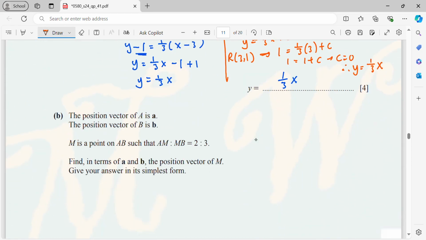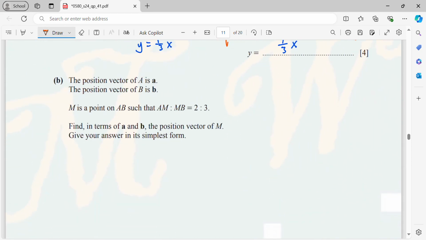Now part B. The position vector of A is lowercase a, the position vector of B is lowercase b. M is the point on AB such that AM to MB is 2 to 3. Find, in terms of a and b, the position vector of M. So now here, basically your OA is a, OB is b.